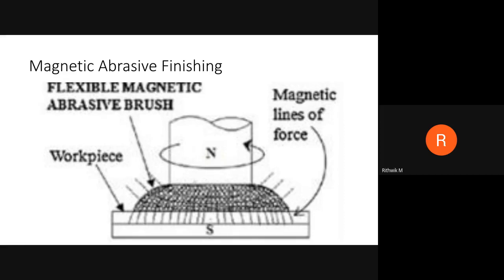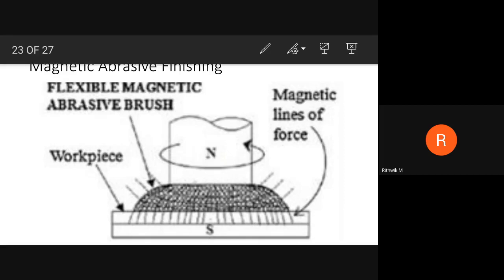The abrasive particles erode material from the workpiece surface, and hence the material removal mechanism occurs. Regarding the other things like advantages, applications, and process parameters, we will discuss them in the next class. So this is about today's class.